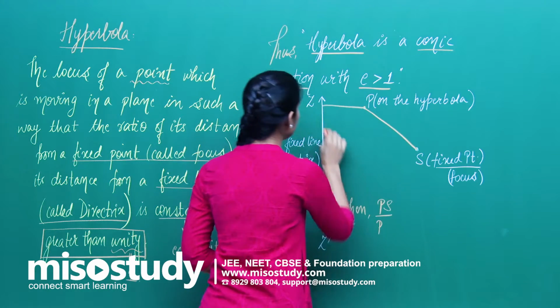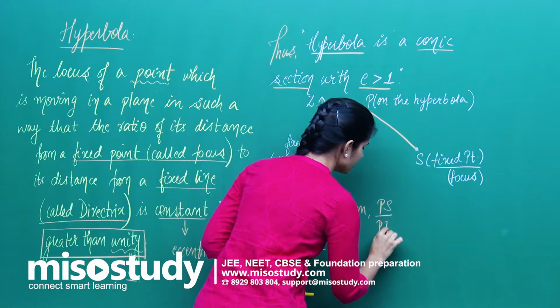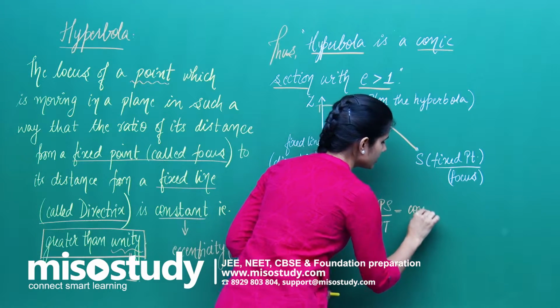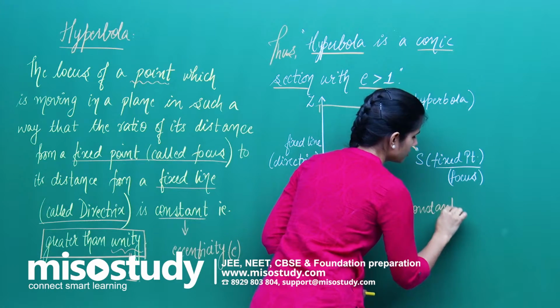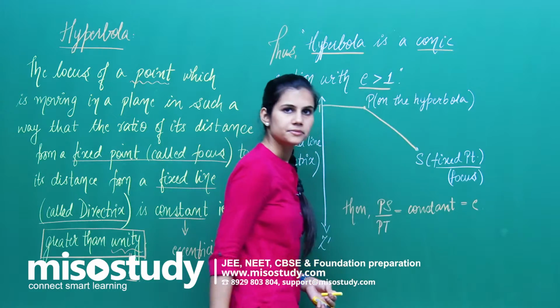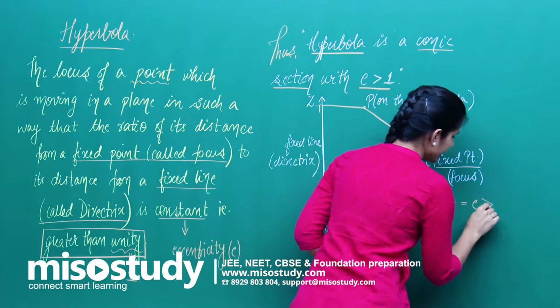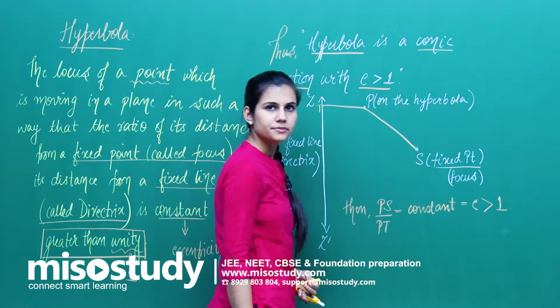PS upon PT, say this is T, is equal to a constant known as e, and e is greater than 1.